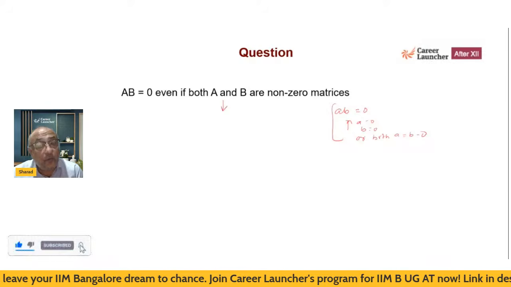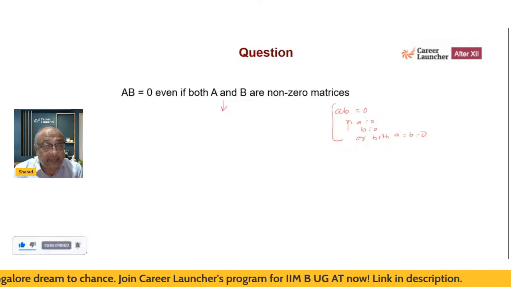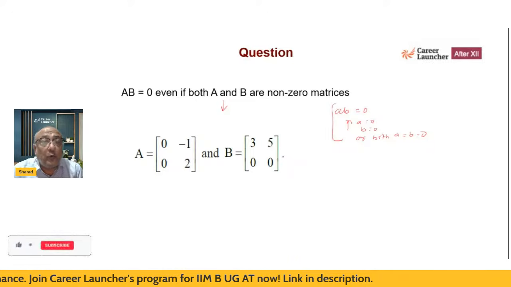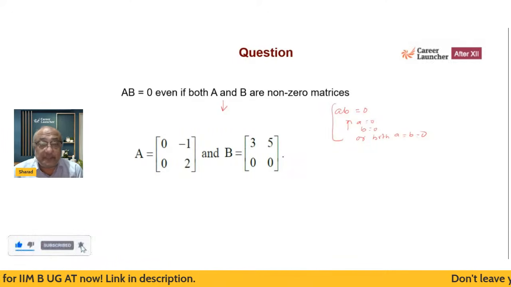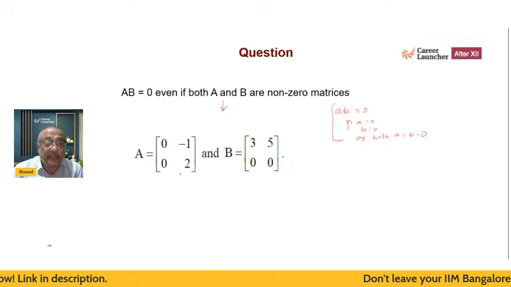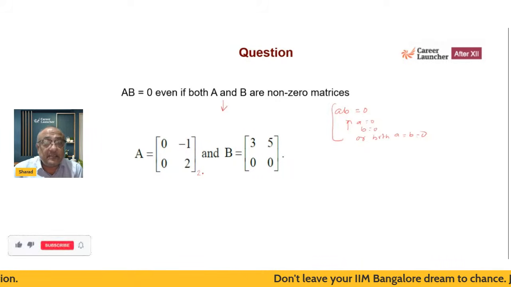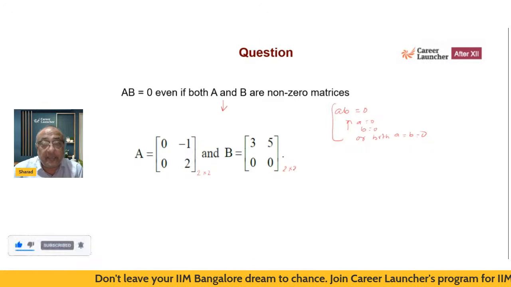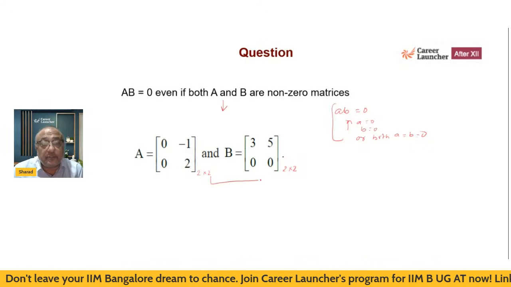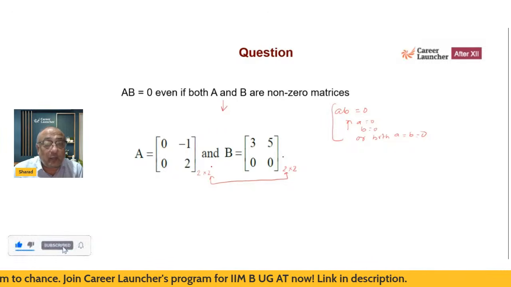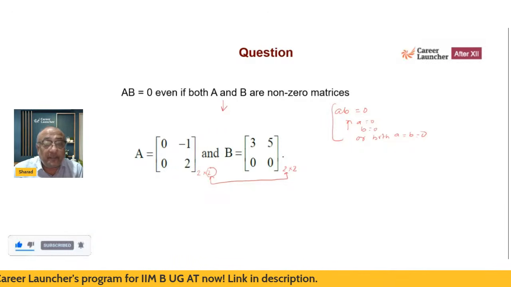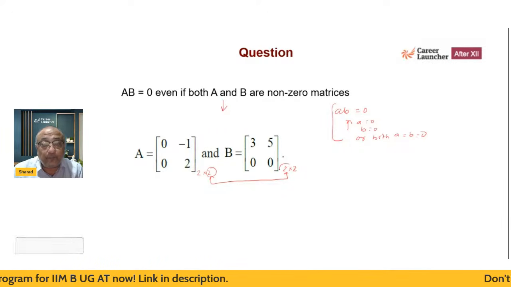You can always have a case when two non-zero matrices are multiplied. Just see over here, as you know, in case of multiplication, this is a 2 cross 2 matrix and this is a 2 cross 2 matrix. The result will be what? I'm sure you know. The number of columns of the prefactor must be equal to the number of rows of the post factor.